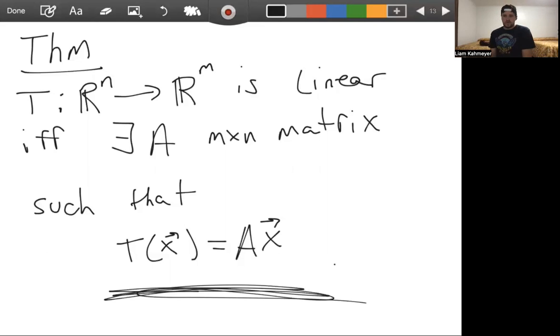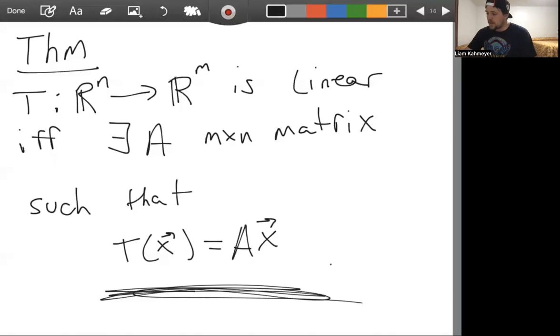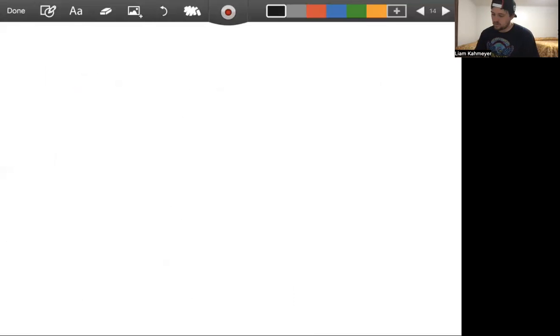The first question that you probably ask is, well, great, but how would I know A? How would I be able to find the matrix A, right? That's a good question, and we'll address that here. So here's another theorem.